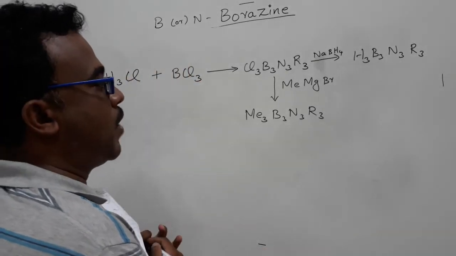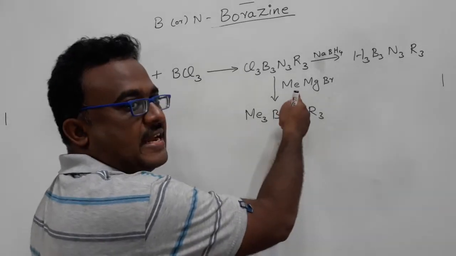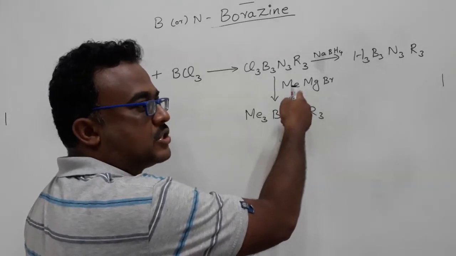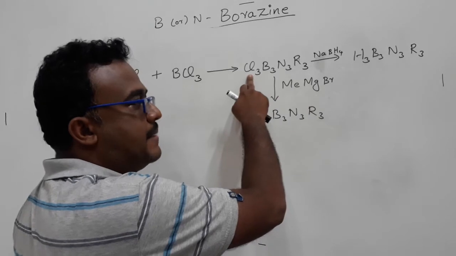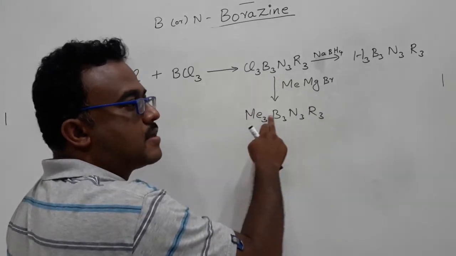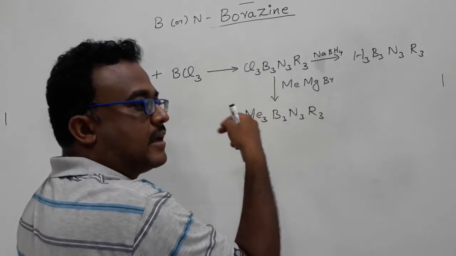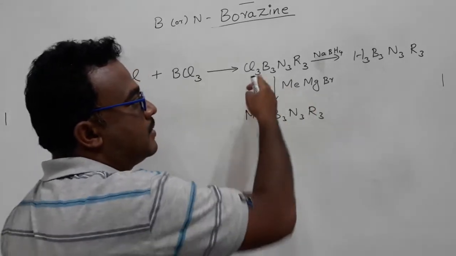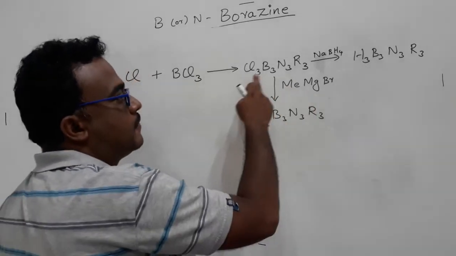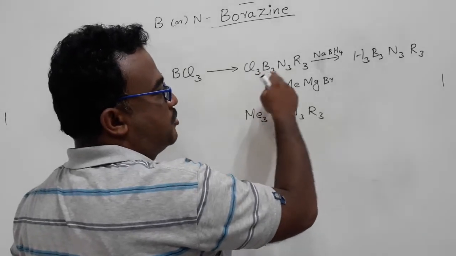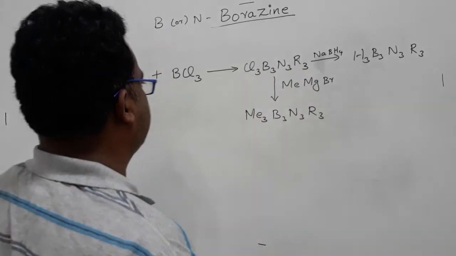In case you want to get phenyl here, you can use phenyl lithium. If you use phenyl lithium in solvent THF, chlorine will be replaced by phenyl. So phenyl substituted borazine can be obtained by reacting phenyl lithium with the chlorine substituted borazine derivative. Okay.